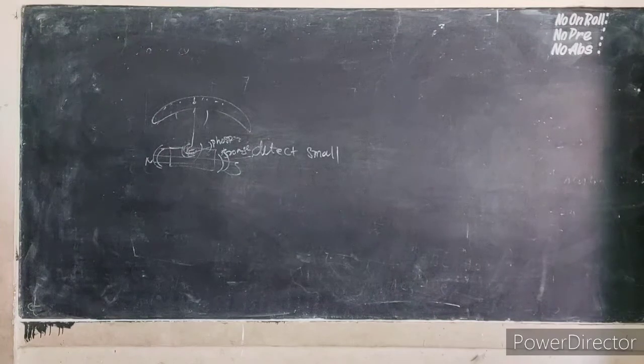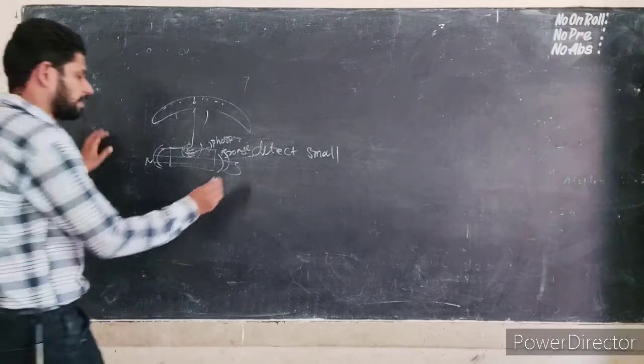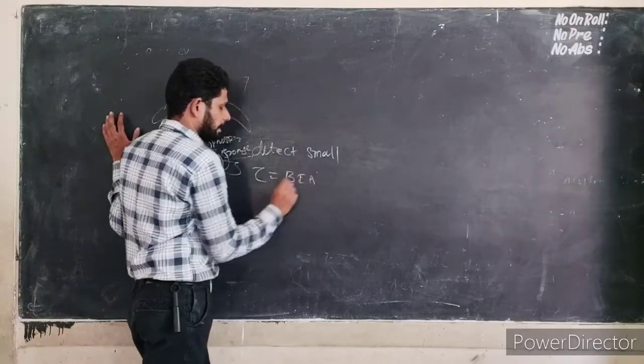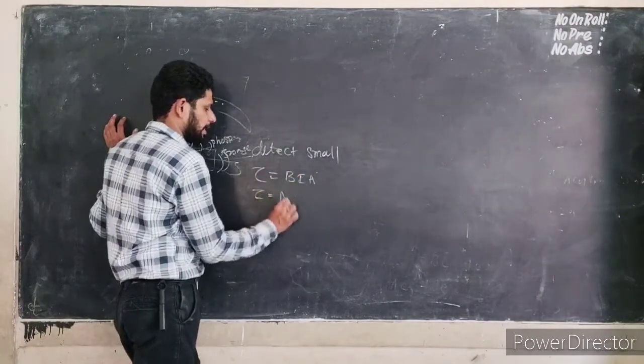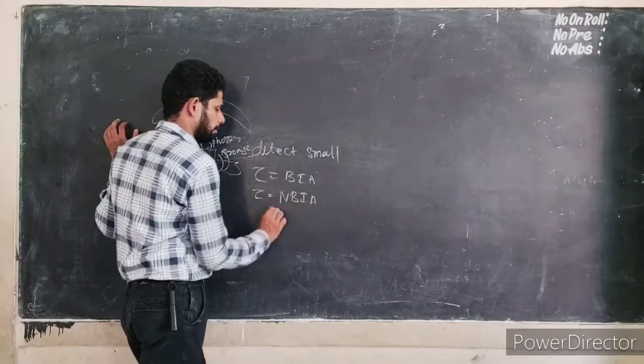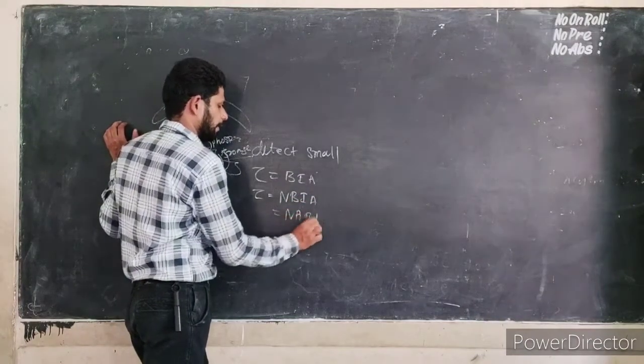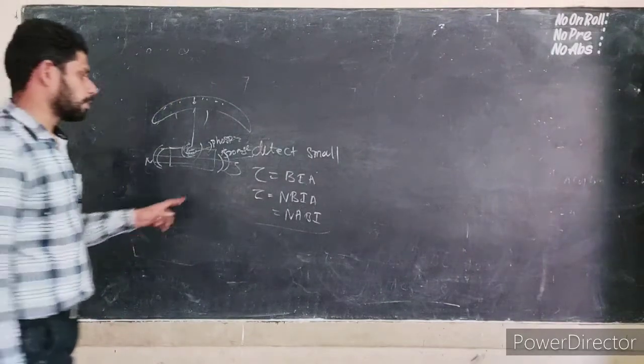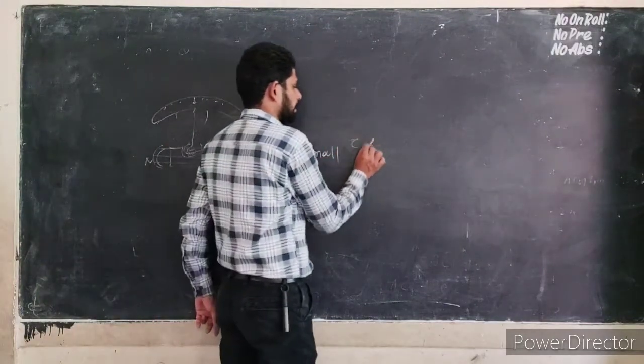So tau equals BIA sin theta. If there are N number of turns, then it is NBIA. Now listen, the torque is directly proportional to the deflection.